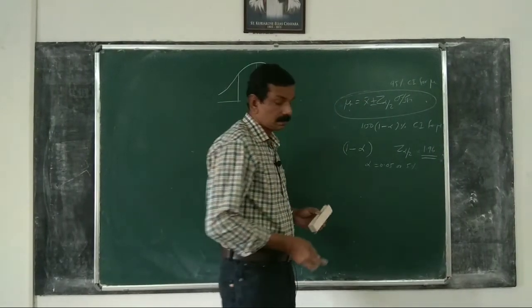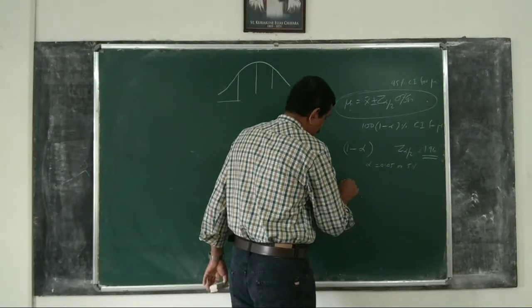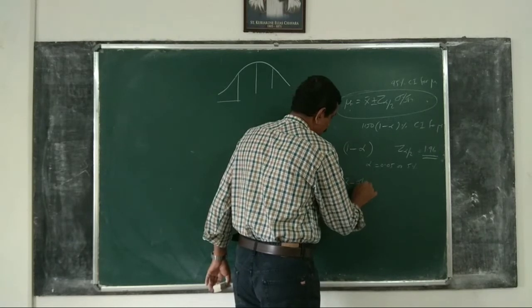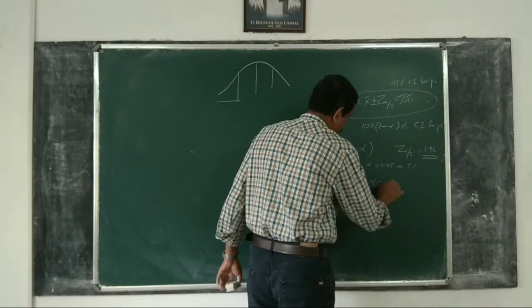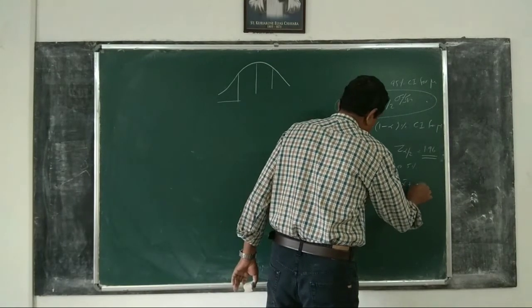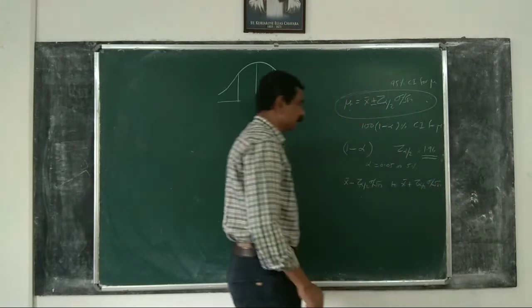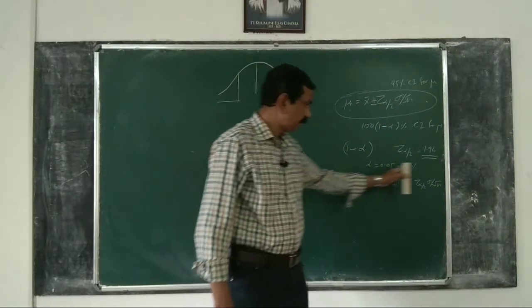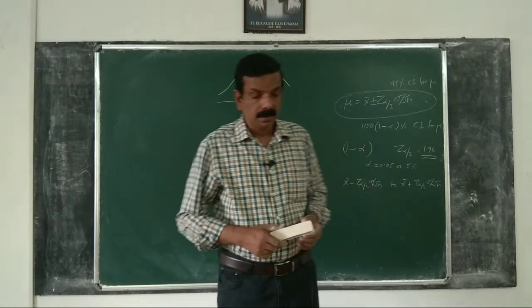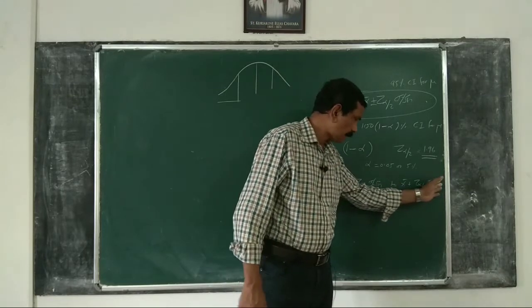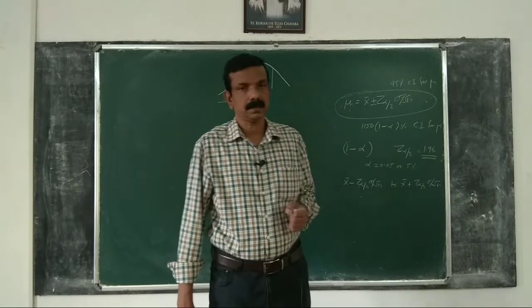Then the confidence interval for mu is, as I said, x bar minus z alpha by 2 sigma by root n to x bar plus z alpha by 2 sigma by root n. That is the 95% confidence interval for mu. Then, after obtaining the confidence interval, interpret the results.